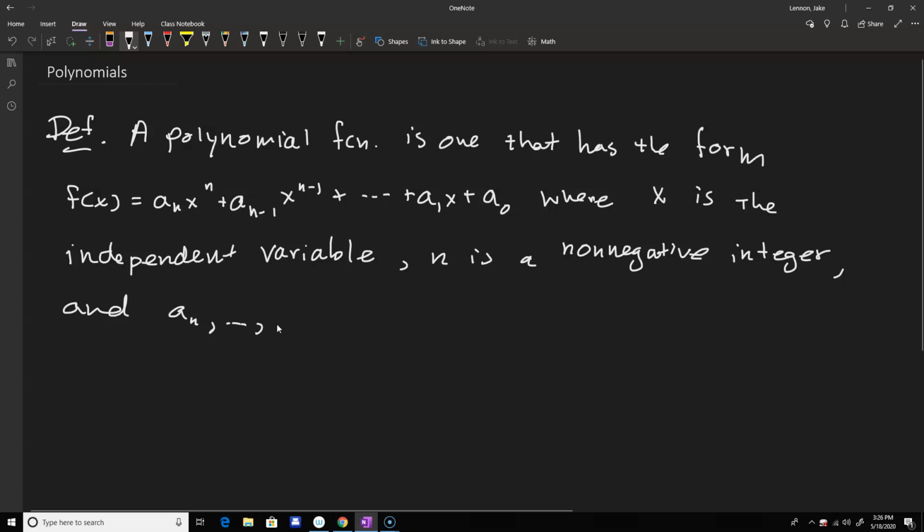You can study them in the context of being complex numbers, but in this course we're just going to be looking at real numbers, real valued functions. So there's a few things here in terms of terminology. The largest power, which here is going to be n, is known as the degree of the polynomial.